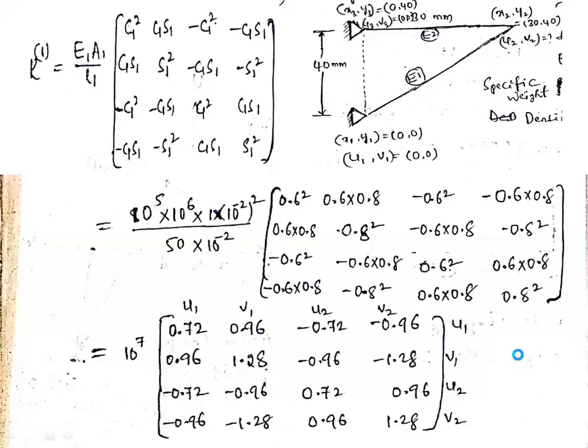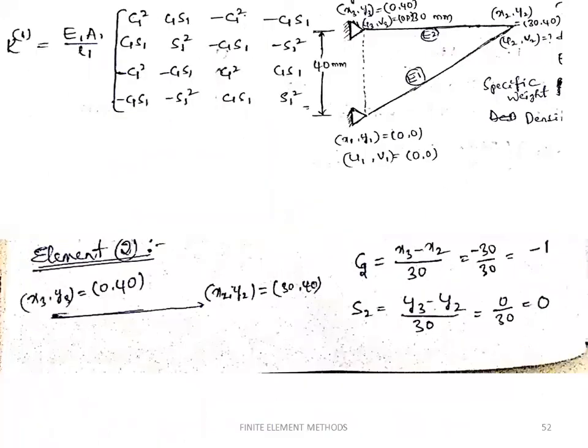Similarly, we need to find the second element stiffness matrix. For the second element, the formula is also given: K superscript 2 is equal to E2 A2 divided by L2. Here everything was specified with 1; we just have to change the 1 to a 2.